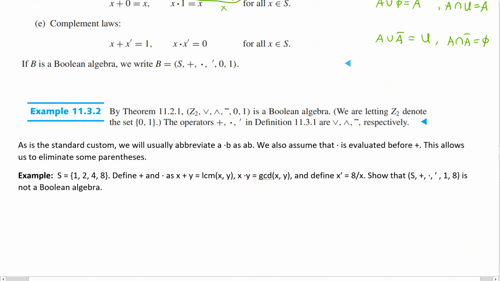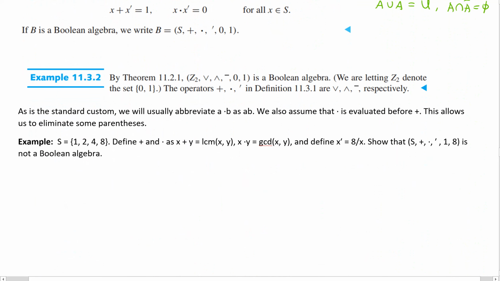Okay, next. Example: by the theorems, our Z2. So Z2 is the set of elements 0 and 1, and then we have or and not, and this is a Boolean algebra.